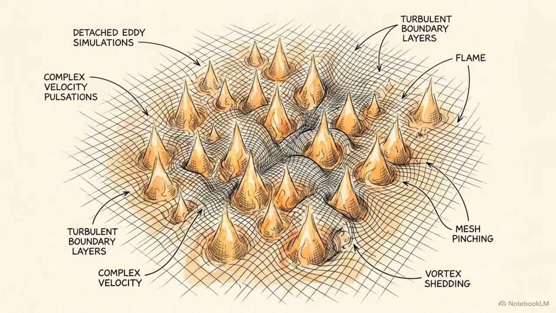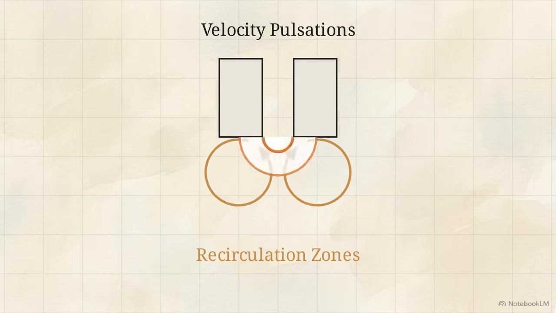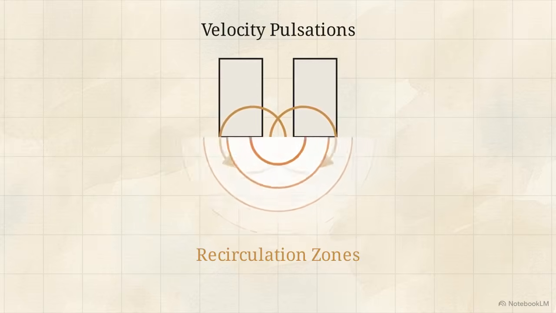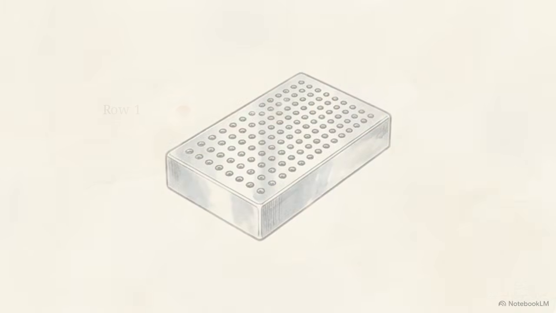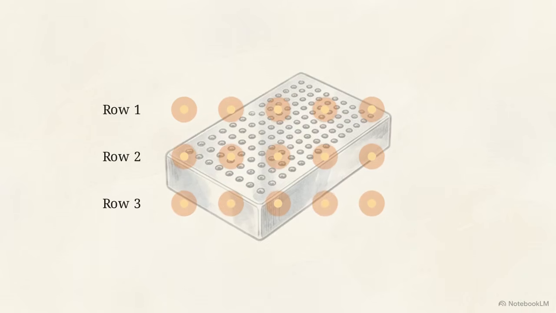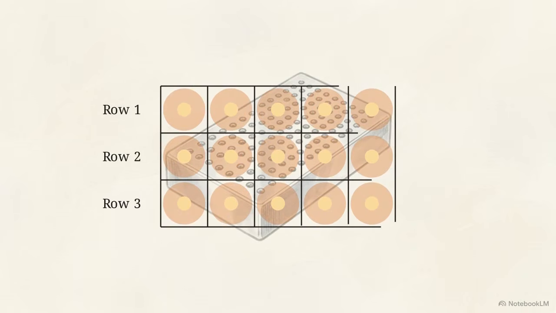Predicting how dozens of microscopic flames interact requires detached eddy simulation. This technique maps the highly complex velocity pulsations occurring in the aft region of the stabilizers. In this top-down heat map, we can track the distinct microjet supply rows. The specific number of rows and exactly where the holes are placed strongly dictate the mixture formation, preventing the adjacent jets from thermally interfering with one another.